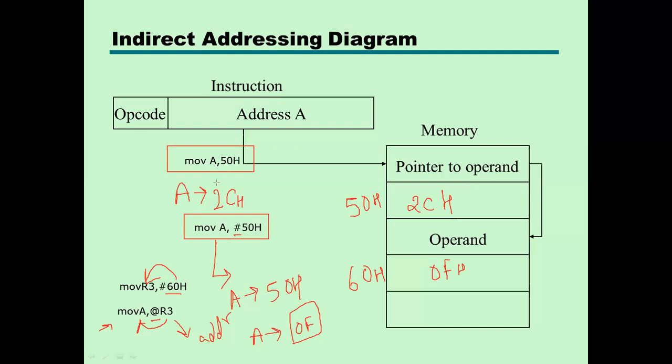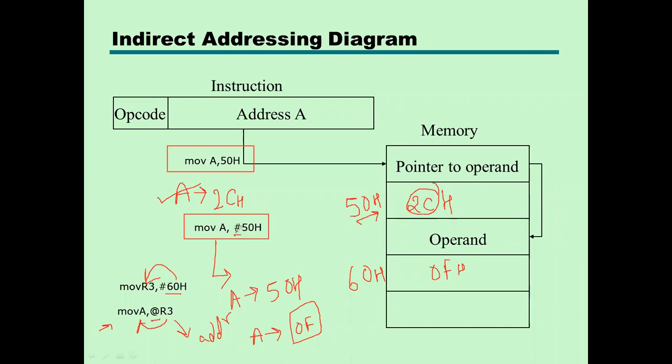After the execution of this instruction, what will happen? The microcontroller will copy the contents of memory address 50. I have written 2C here, for example, and this will get copied inside the accumulator. So the data 2C is going to be copied into the accumulator register. The second example I have shown is the immediate addressing mode.